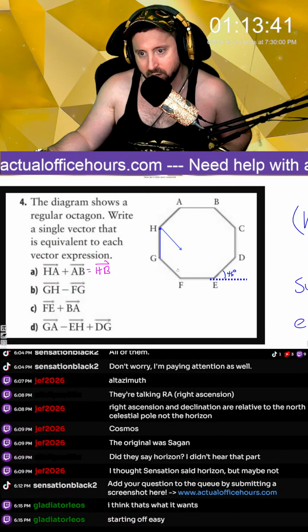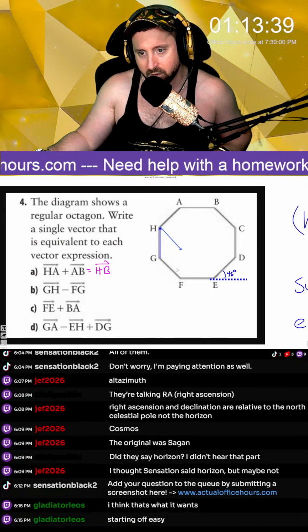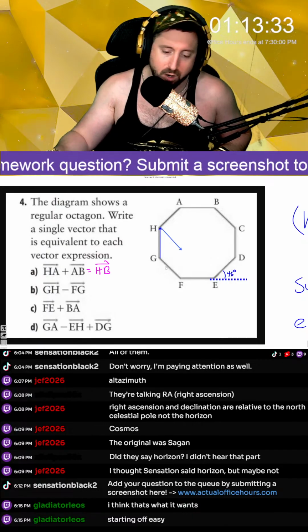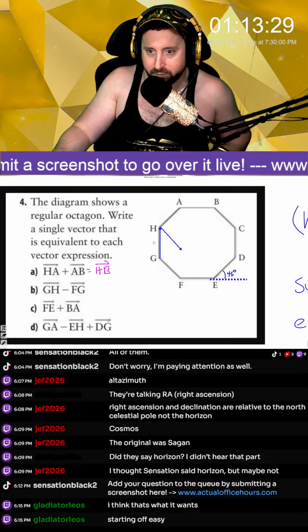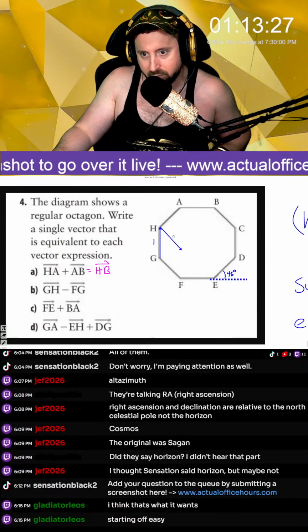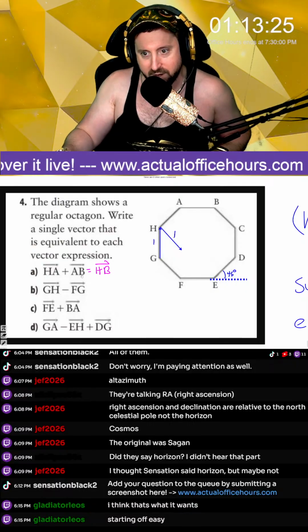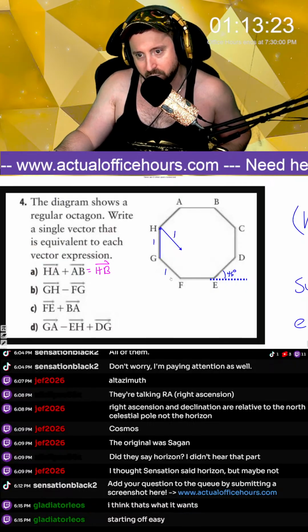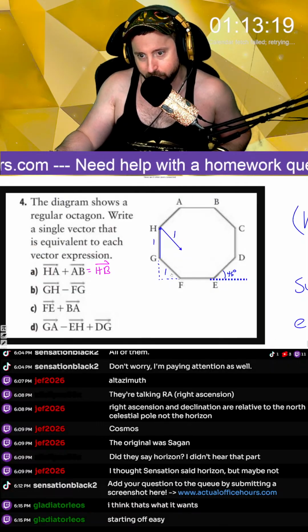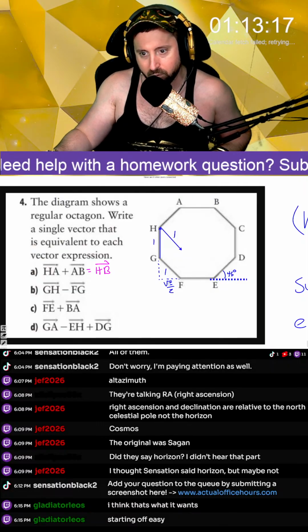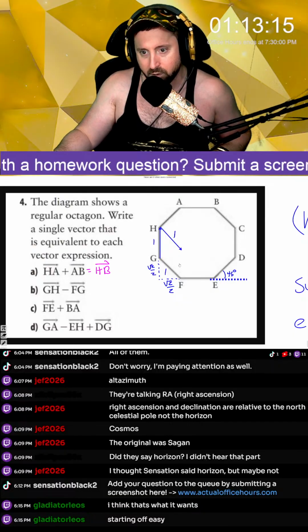GH minus FG reads like 0 to me. Well, it wouldn't be 0. So let's assume everything has a side length of 1, right? Then this minus FG also has a side length of 1, but it has components. Because this is a 45-degree angle, this is square root of 2 over 2, and this is square root of 2 over 2.